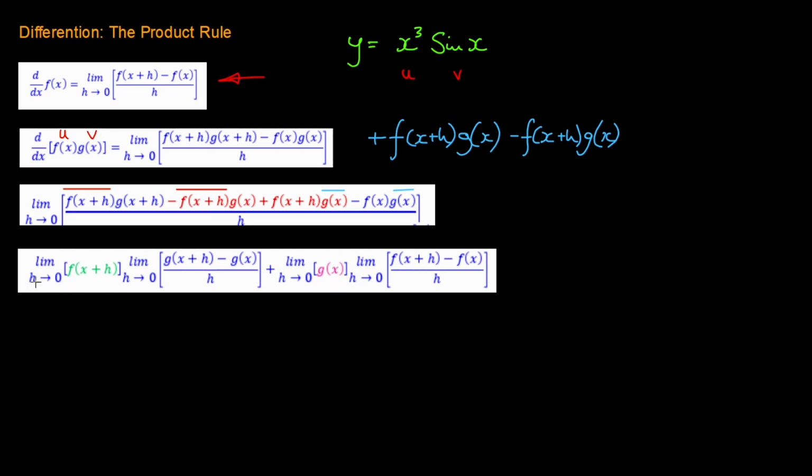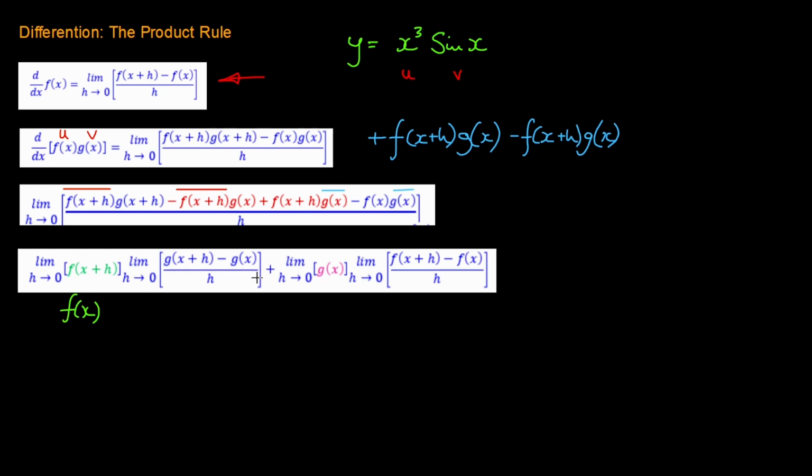I've duplicated the limits as h goes to 0, and I've applied it to all separate terms with an addition sign in between. So let's think about this term in the front here. The limit as h goes to 0 of f(x+h) is simply f(x).